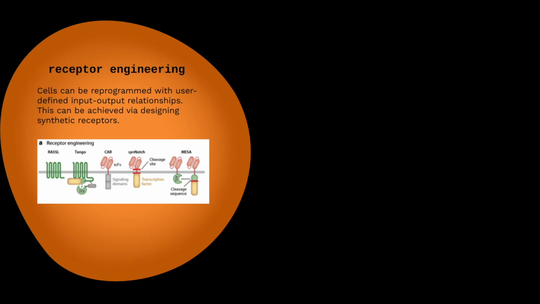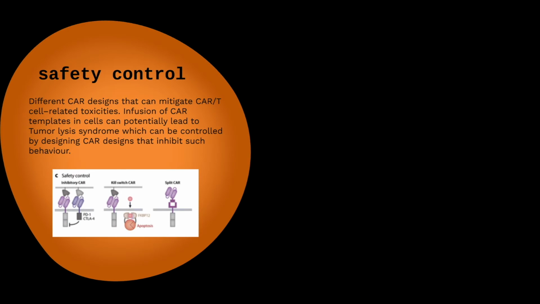This can help to achieve modified T cells which can be controlled better. The binding of CARs to the T cells is not always perfect. Sometimes CARs or T cell-related toxicities can come up, which can lead to tumor lysis syndrome.